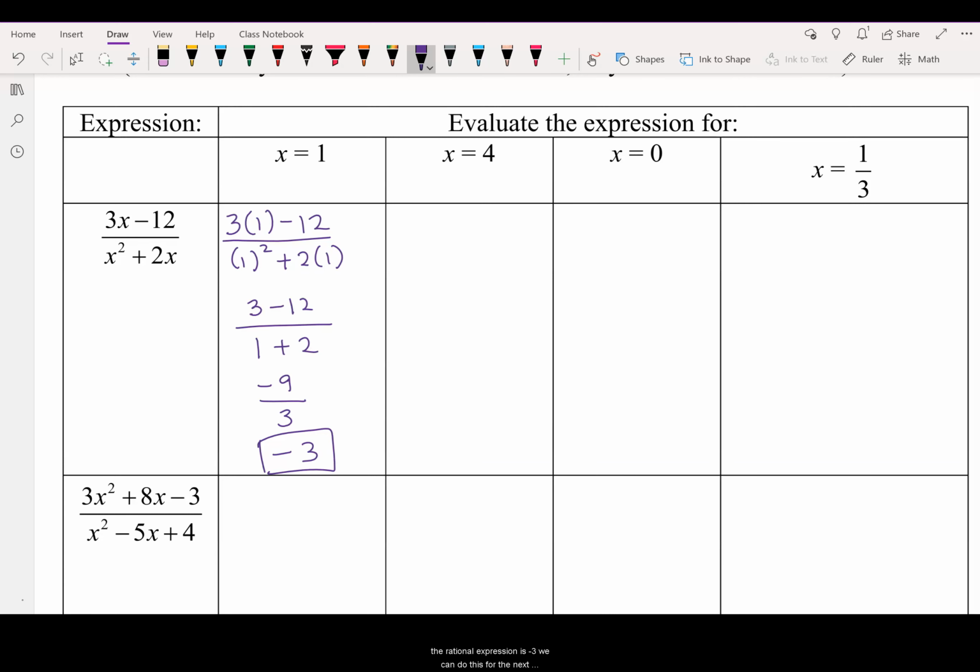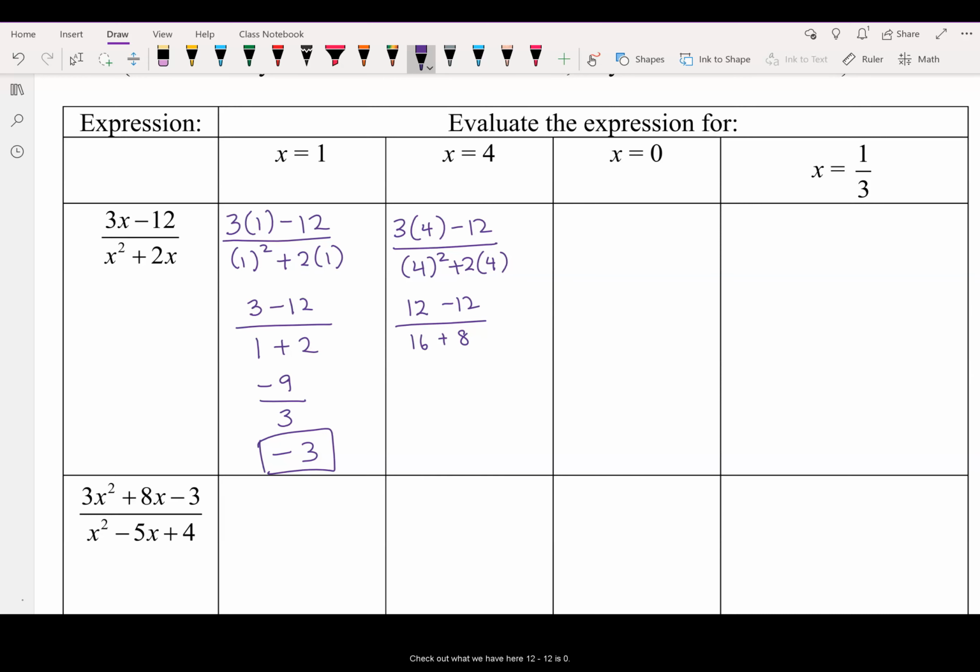We can do this for the next two values as well. 3 times 4 minus 12 divided by 4 squared plus 2 times 4. On the top, 3 times 4 is 12. On the bottom, 4 squared is 16. 2 times 4 is 8.